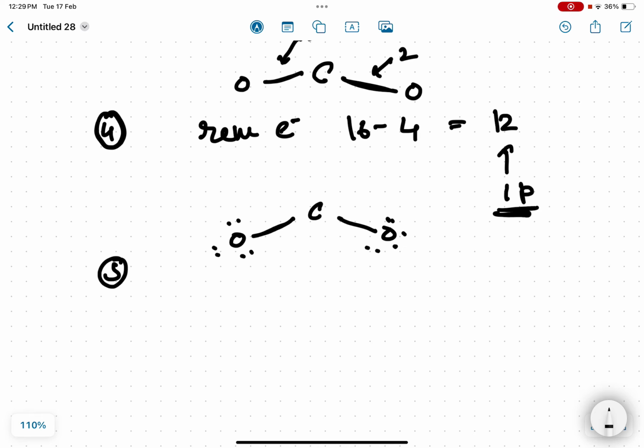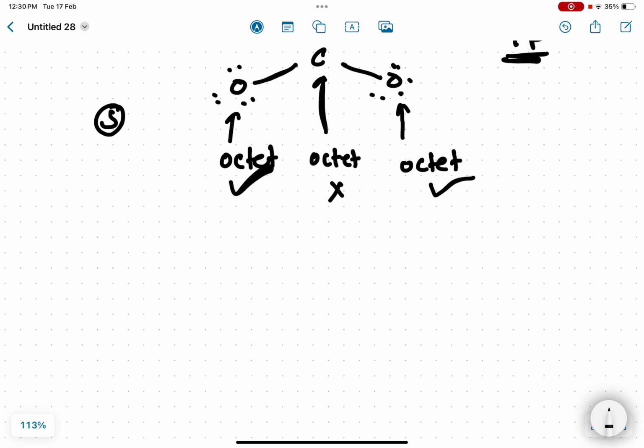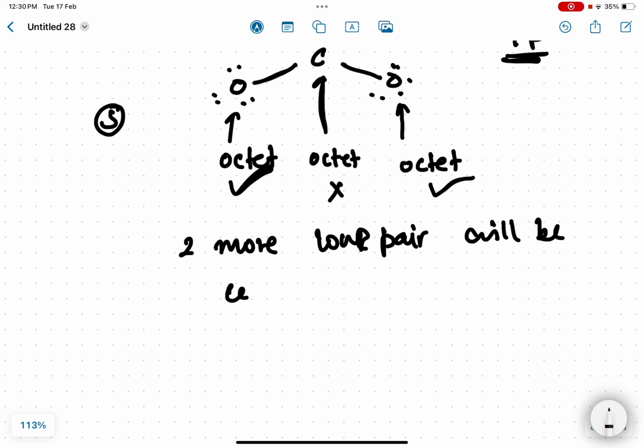Now the fifth step. Let's check the octet. Octet is complete here, but here its octet is incomplete. So it still needs 4 electrons. So on both sides, 2 more lone pairs will be converted to bond pairs.